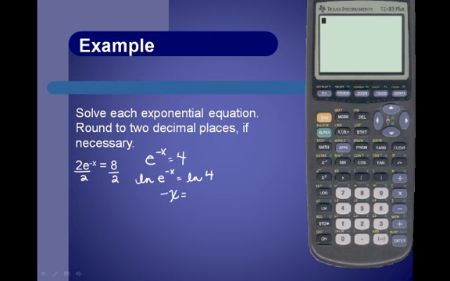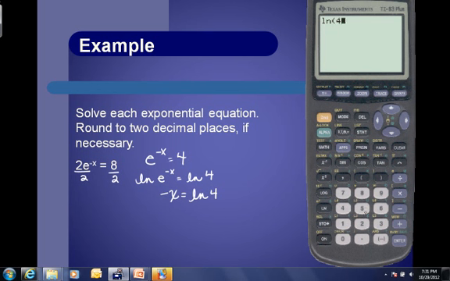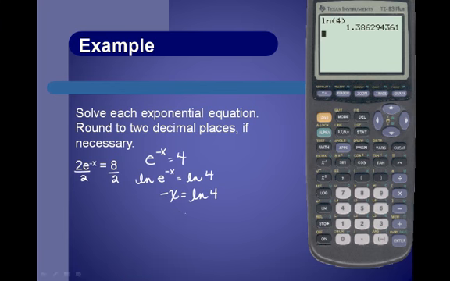So it's sort of like the natural log and the base e cancel out. So we get negative x is equal to the natural log of 4. Well, on our calculator, the natural log of 4 is 1.386 or 1.39. So if negative x is 1.39, then x is negative 1.39.